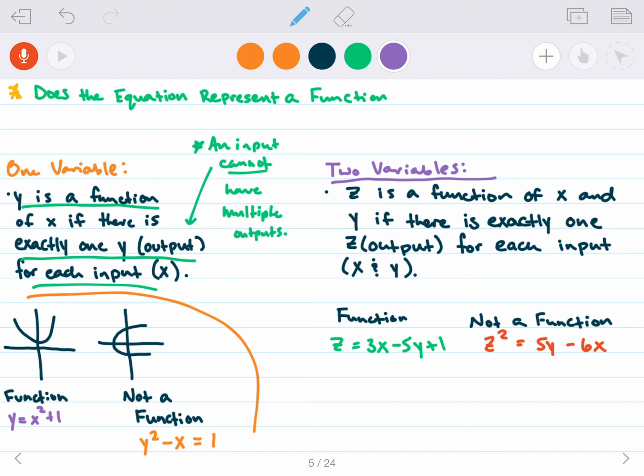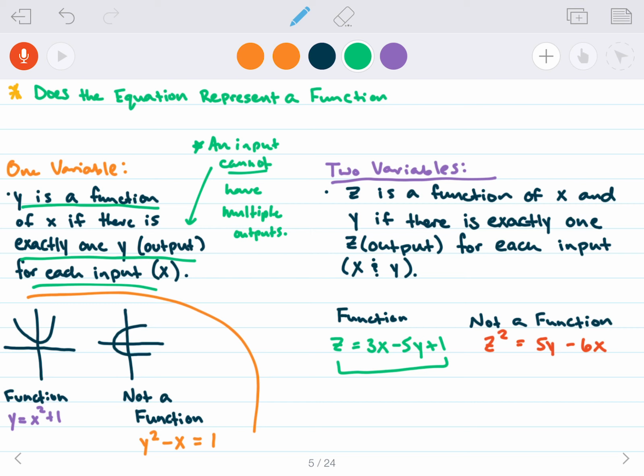Okay, so it's the same idea in two variables. We can't have the same inputs going to different outputs. Okay, we can't have that happen. So let's take a look at some examples of functions versus non-functions in two variables.